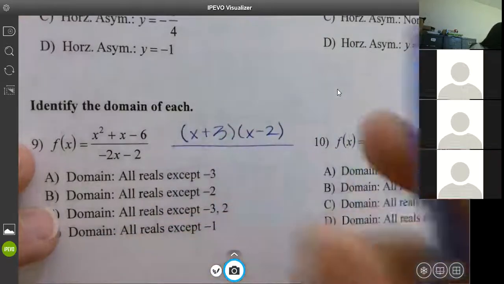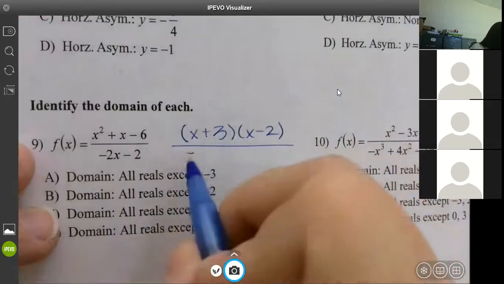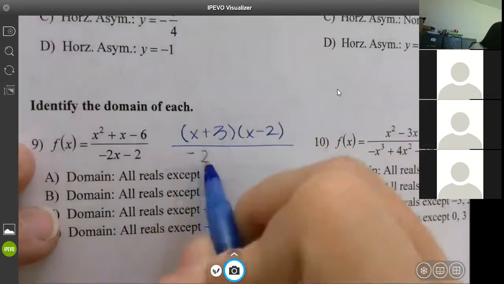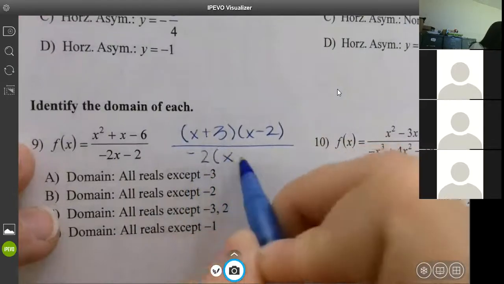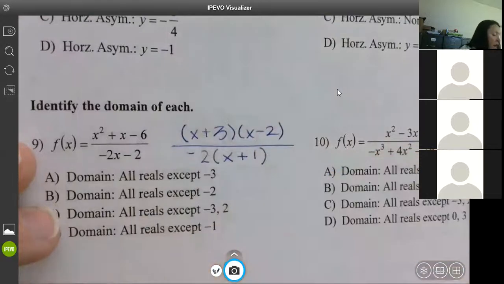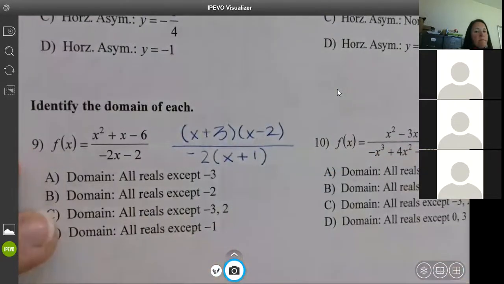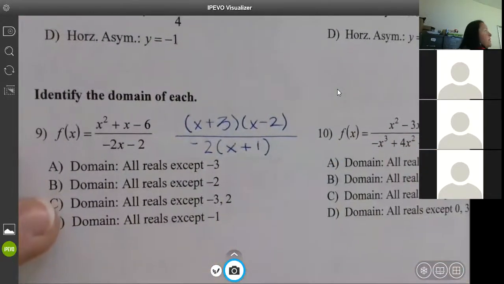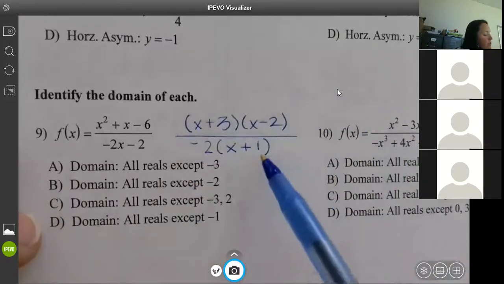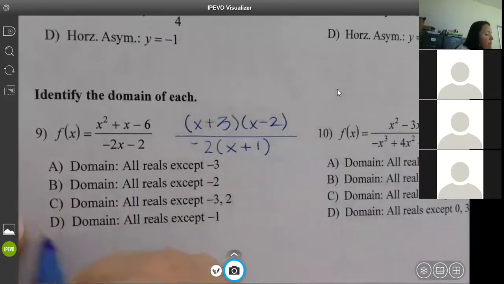On the bottom, I can take out a negative 2, which gives me x plus 1. Good. Watch those signs, because if you mess that up, you'll mess up your asymptotes. I didn't cross anything out, so there's no holes, but there is a vertical asymptote at negative 1. Does everybody understand that?